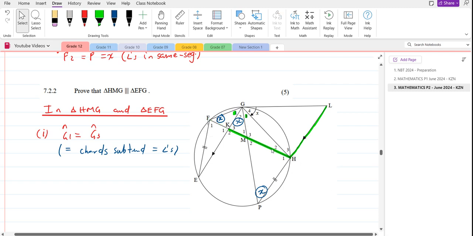What else? We have x, x. Guys, we could have also said G4 is equal to F2 because of tan chord. There's tan chord here and there's tan chord there in two triangles.